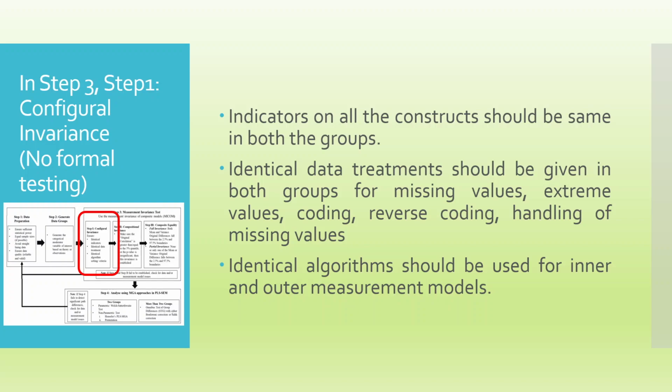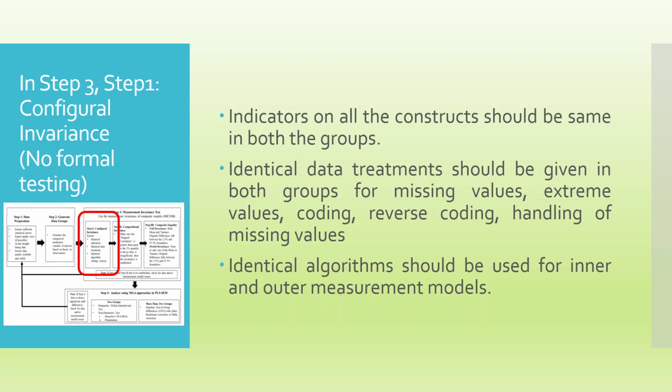Second, identical treatment should be given in both groups for missing values. If there is missing data in male and it has been replaced with the mean, and if there is missing data in female, here also the replacement should be done with the mean only.